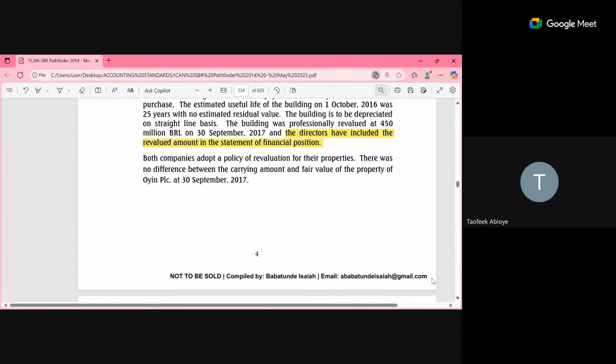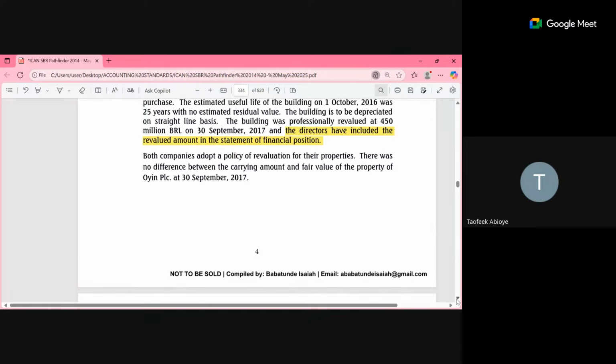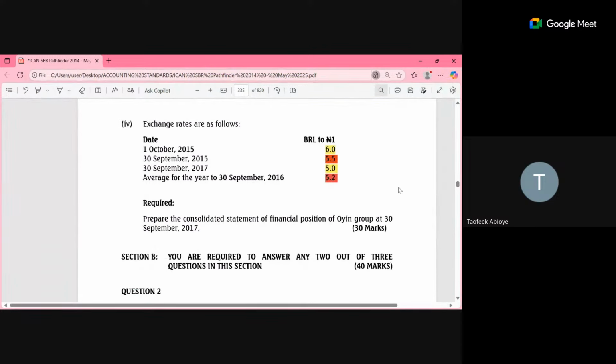Now, they said the company adopted a policy of revaluation of property. There was no difference between the carrying amount and fair value as at 30th September. And that's the information. And they give us the exchange rate. Look at the exchange rate. October 1st, 2015, do we need it? Yes. That is the date of acquisition, DOA rate. Then September 2017, exchange rate is 5.0.